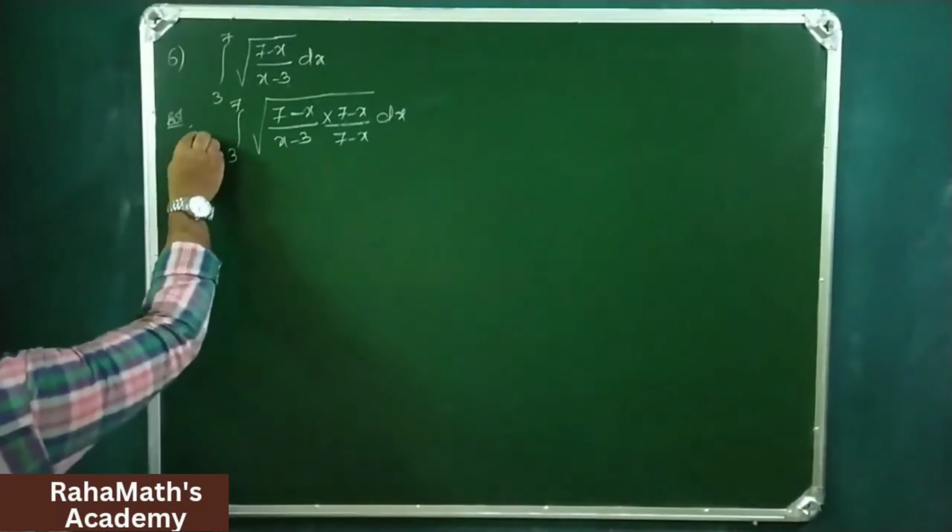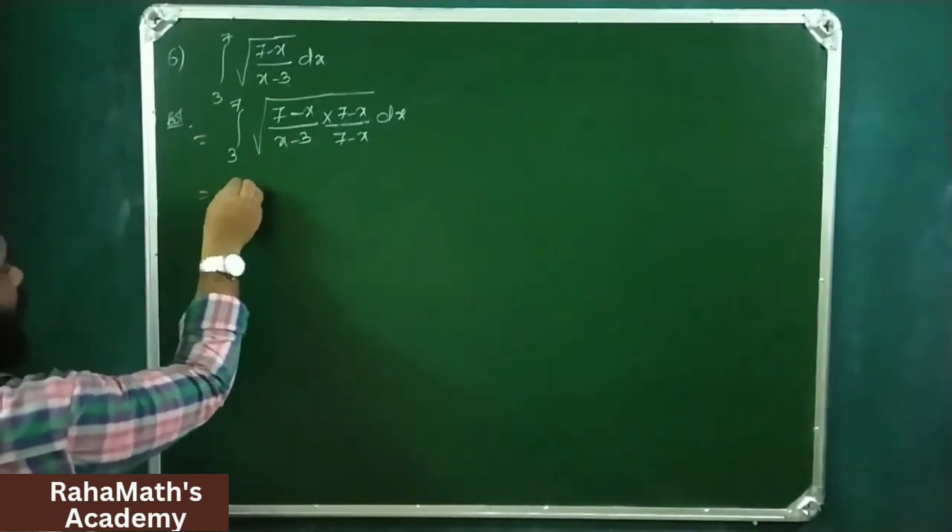Then let us see what will happen. 3 to 7 square root of (7 minus x) into (7 minus x) is (7 minus x) whole square. Now x into 7, 7x, x into minus x, minus x square, minus 3 sevens are 21, minus into minus plus 3x, dx.